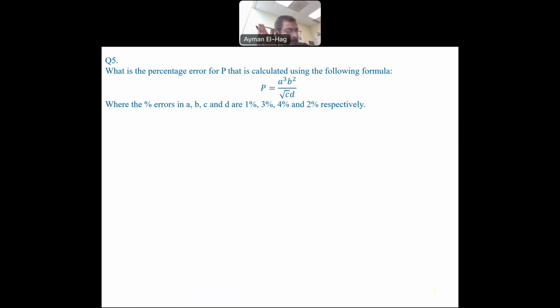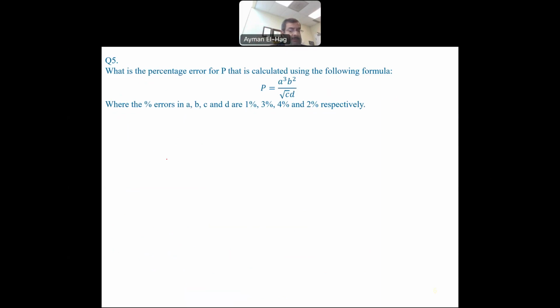Finally, the last example is about error propagation, using a mathematical operation like here. Here you have multiplications and division, and you know the error percentage in each one. So A is 1%, B 3%, and so on.